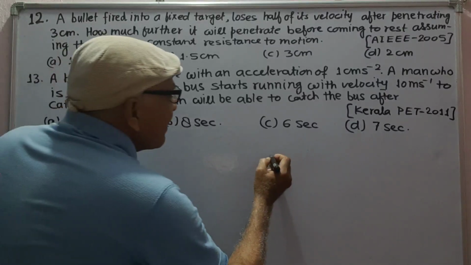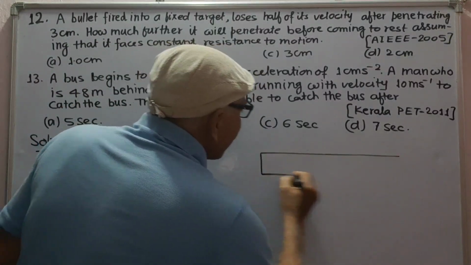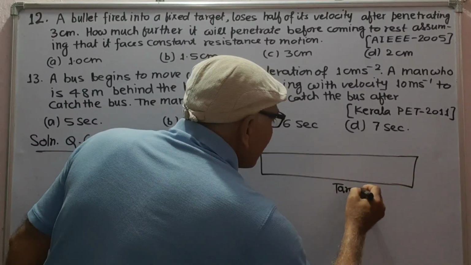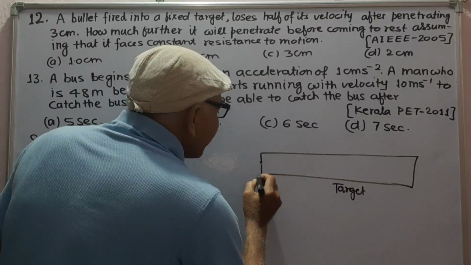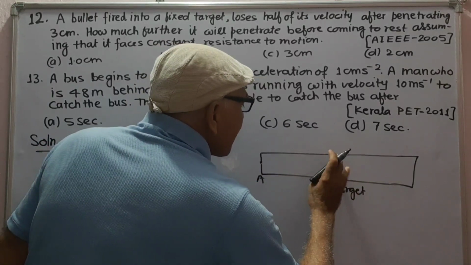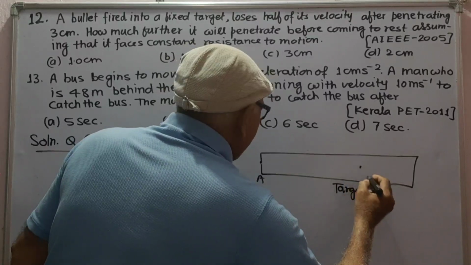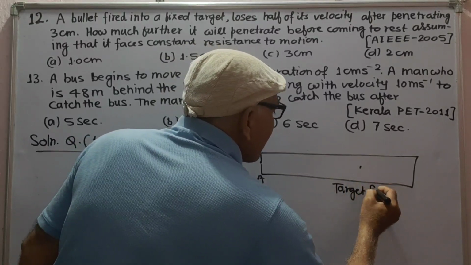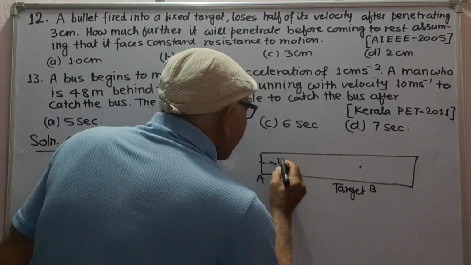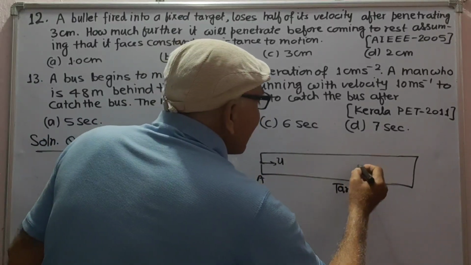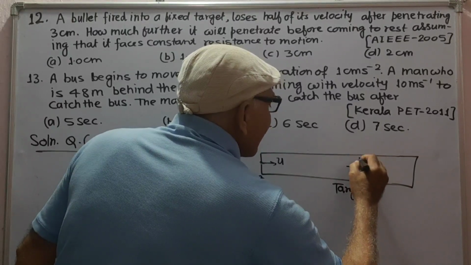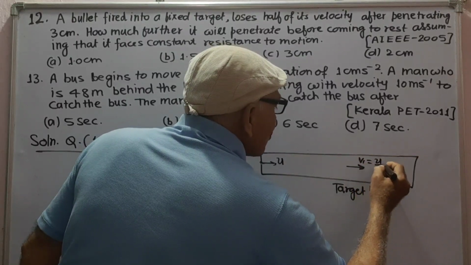Here, suppose this is target. From point A to point B, initial velocity was u, and at point B its velocity v1 becomes u by 2.